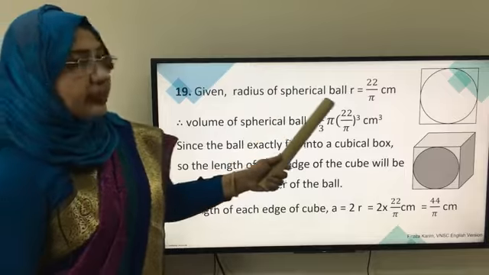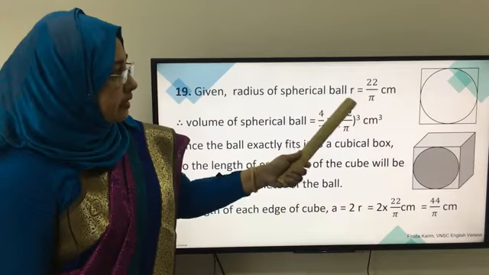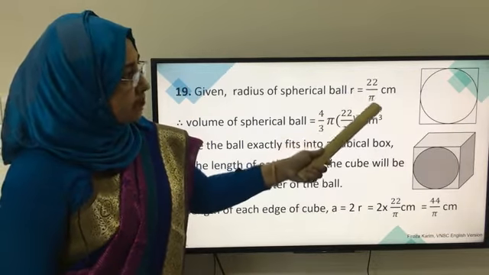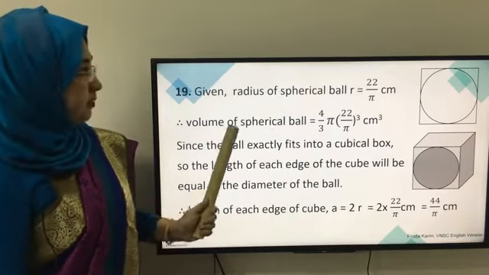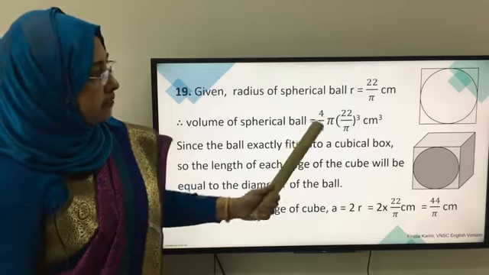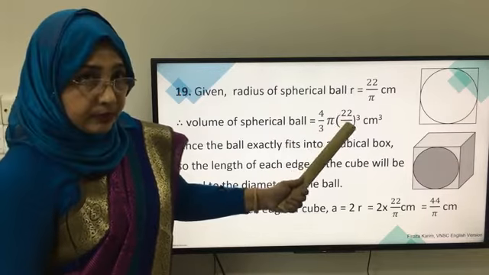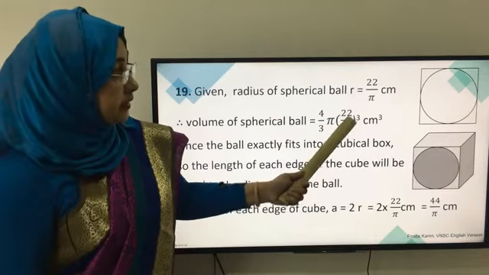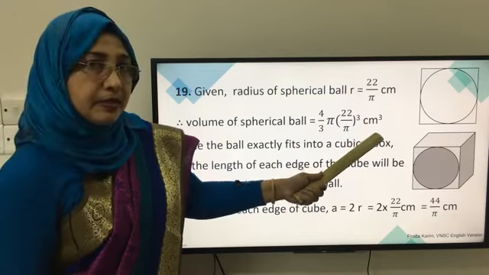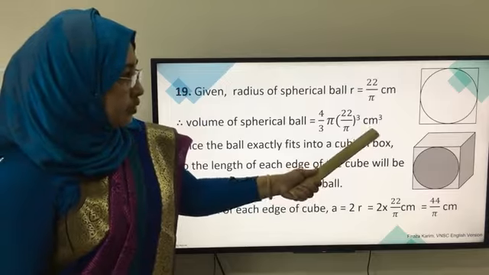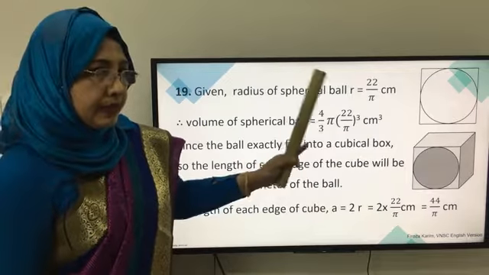Given radius of the spherical ball r equals 22 by pi centimeter. So the volume of the ball will be 4 by 3 pi r cubed. In place of r cubed we write 22 by pi cubed cubic centimeter. Don't do the calculation, keep it in this form.